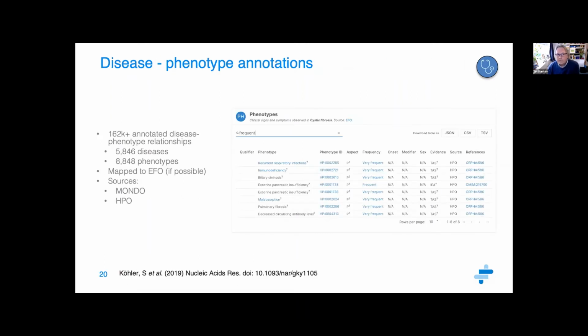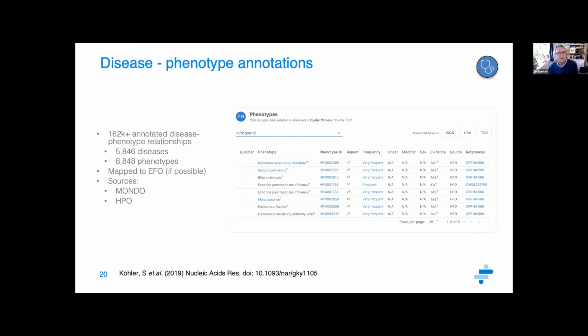We've also improved our phenotype annotations across all the different diseases. So we've added 8,000 phenotypes across 5,800 diseases using Mondo and the Human Phenotype Ontology. And so this gives a much richer way to look at the various diseases that we include in the platform and the evidence.